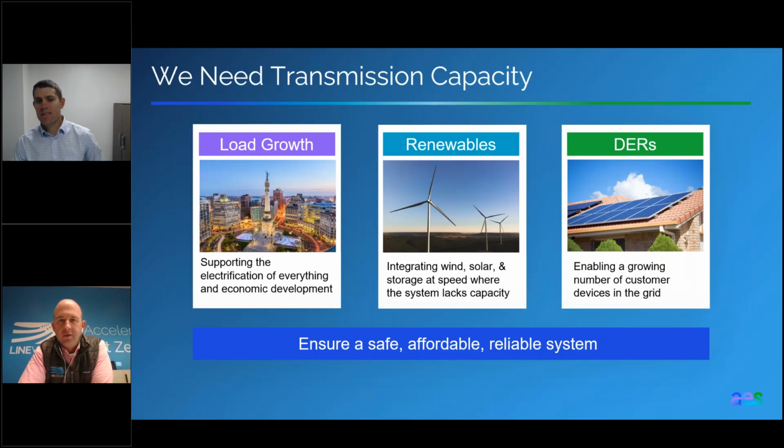I'm glad you made that point, Alex, because that load growth is just like the renewables and the geography challenges I was mentioning. These data centers are not necessarily locating right next to a 345 kV line, right? They're locating in areas where more transmission capacity is needed, and so it's happening stochastically.